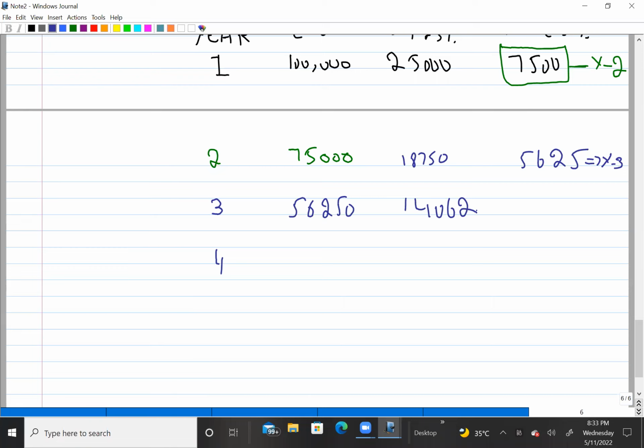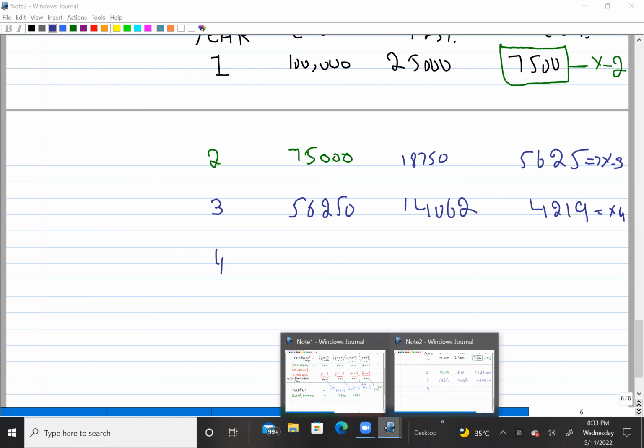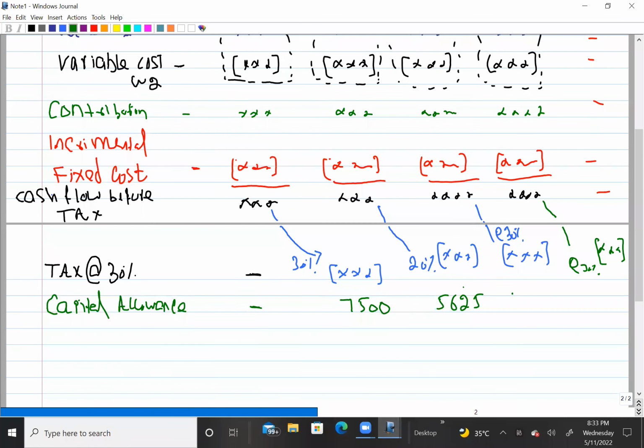Into 30%, it will be 4,219, and this relief will be available in year 4. You get it?